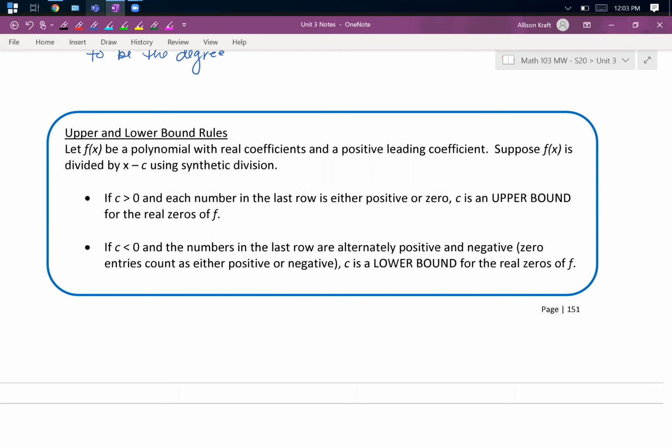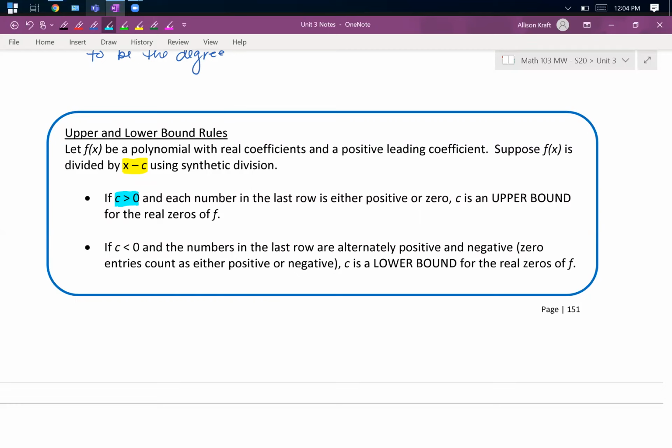So if we have some polynomial with a positive leading coefficient, and we're dividing f of x by x minus c using synthetic division, so this only works when we're doing synthetic division, if c is positive, so that means the number in the box is positive, and each number in the last row is either positive or 0, then c is an upper bound for the real zeros of f.